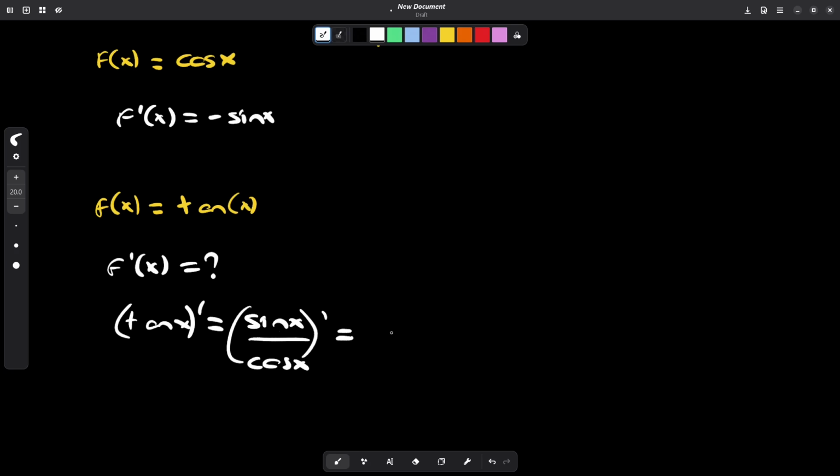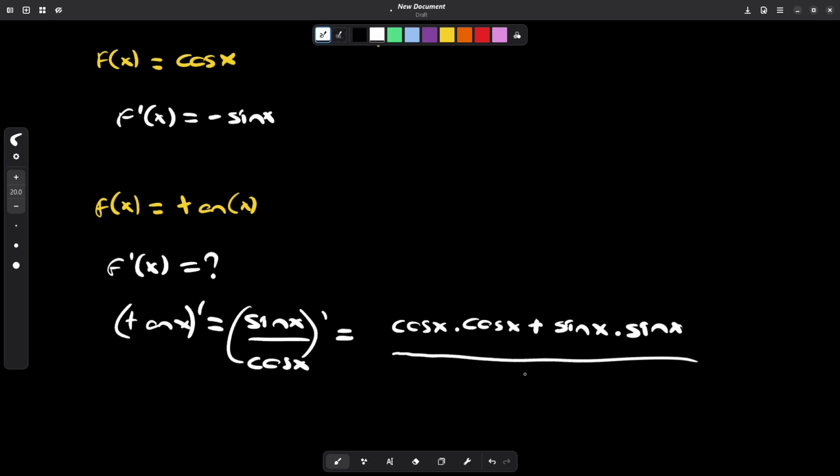The derivative of the numerator, cosine x, times the denominator, cosine x, minus the numerator sine x times the derivative of the denominator, which is negative sine x, so this will be a plus, sine x times sine x. This is over cosine squared x.